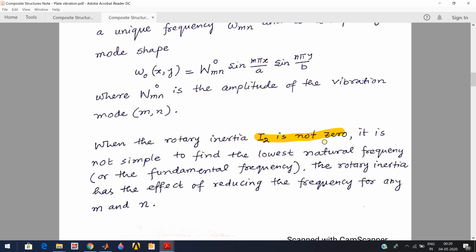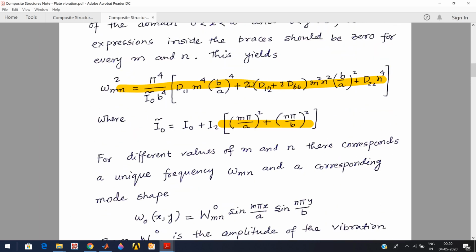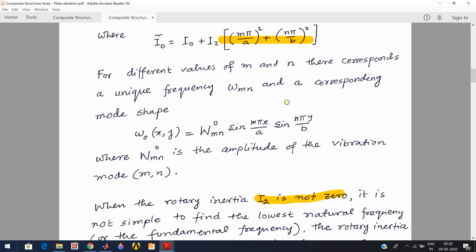But if I don't consider I2, then looking at this equation, when I2 is 0, you can see the denominator term will be independent of m and n. So m and n will be only in the numerator, and it will probably be easy to see for which m and n we get the lowest frequency.